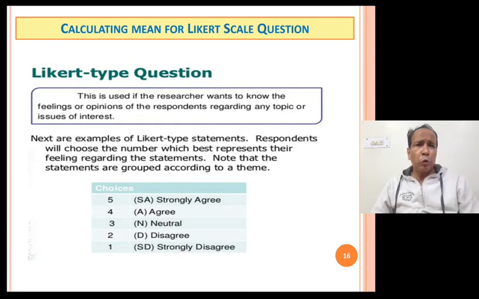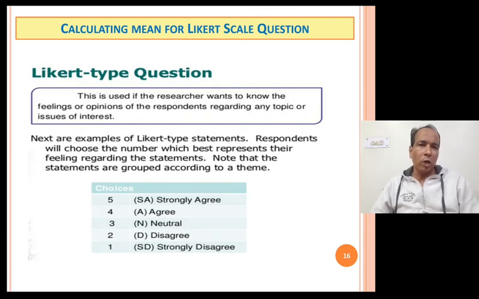Now, how to use the arithmetic mean in practice? When you are working as a researcher, you have a Likert type question in your questionnaire, maybe on a 5-point scale, like strongly agree, agree, neutral, disagree, strongly disagree.